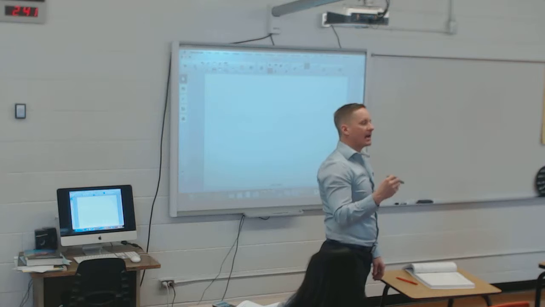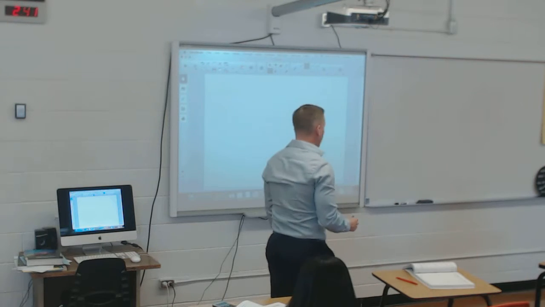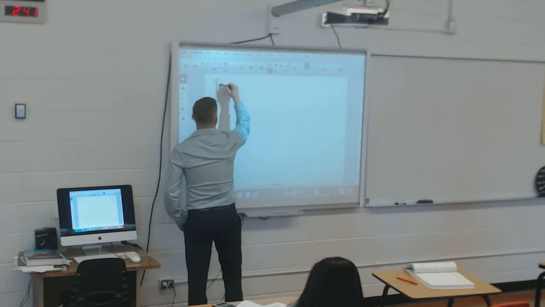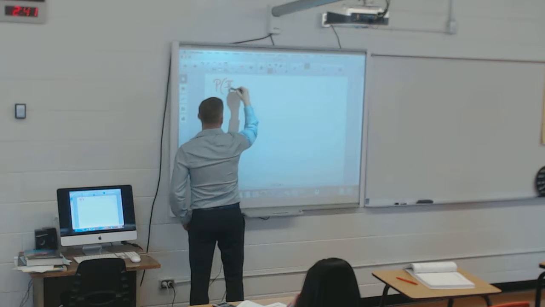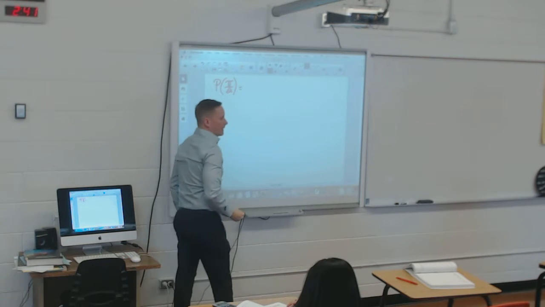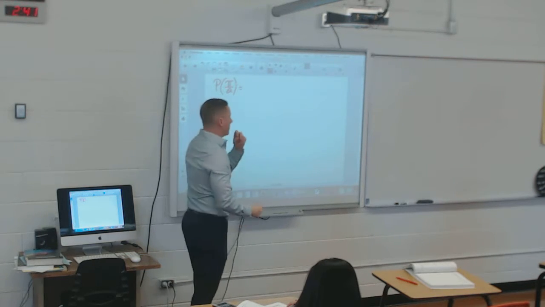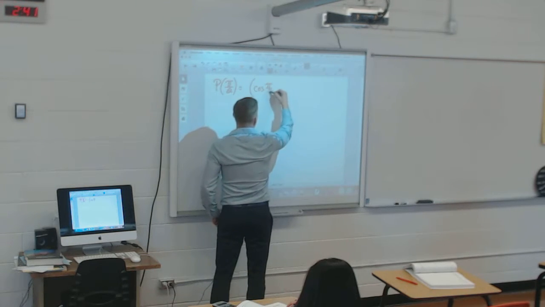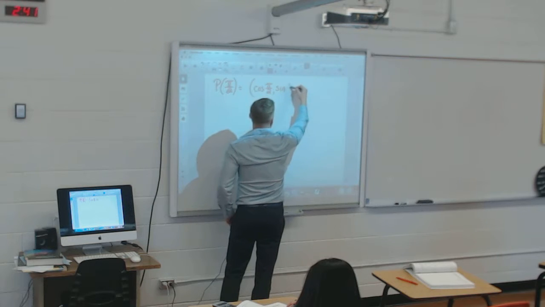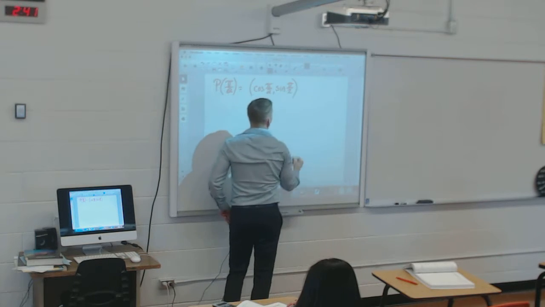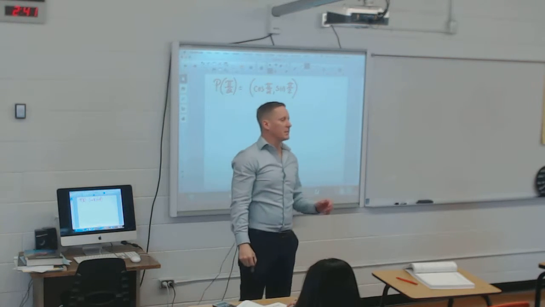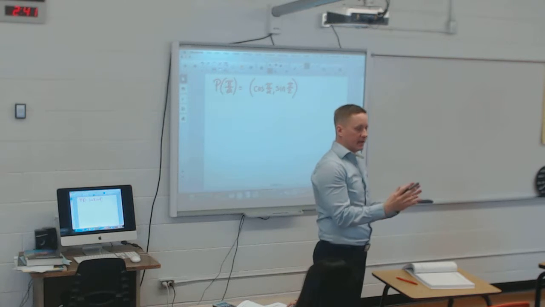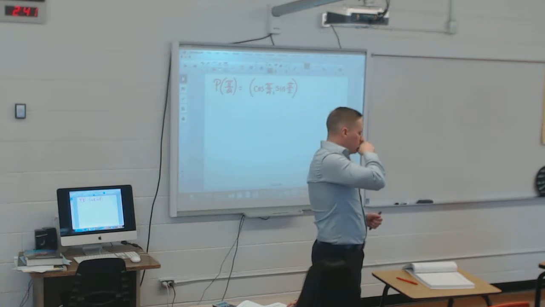So I'm looking for the exact coordinates at pi over 2. So what am I looking for? What is the cos at pi over 2? And what is the sine at pi over 2? That's what it's asking you when it puts it in that form.